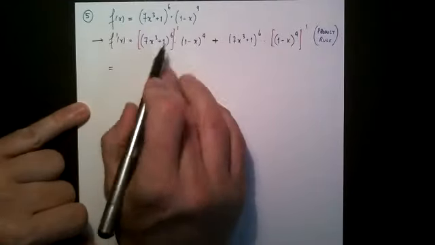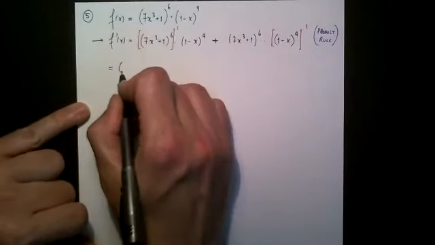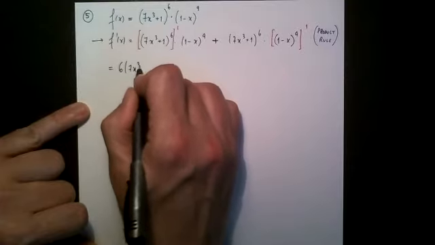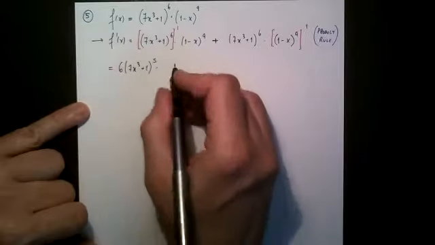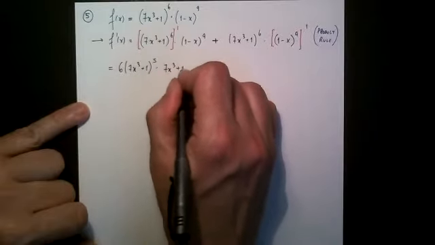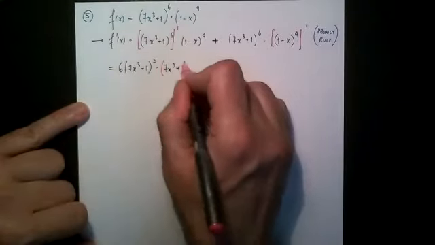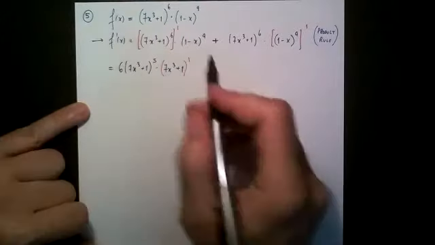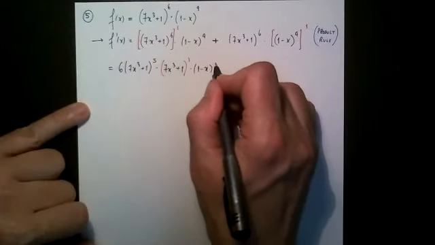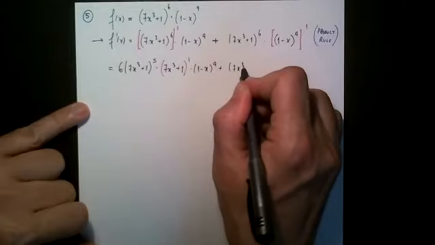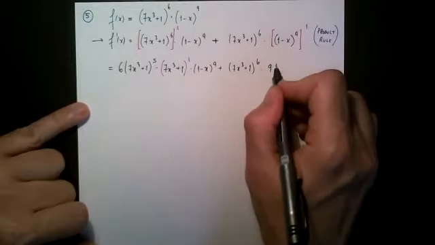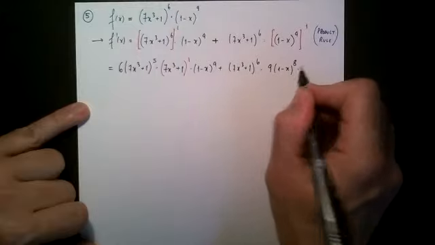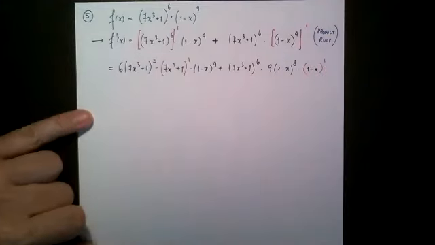So the derivative of this is 6 times (7x^3 + 1) to the power 5 times, don't forget the chain rule, the derivative of the inside, (7x^3 + 1) prime. And this stays, plus this stays, times, and again chain rule, 9 times (1 minus x) to the power 8 times (1 minus x) prime, the derivative of the inside.